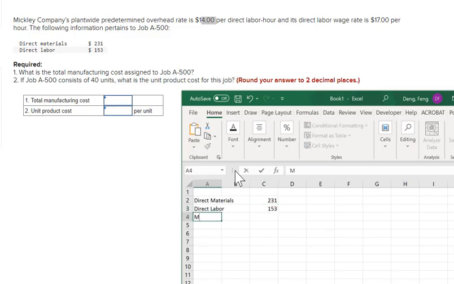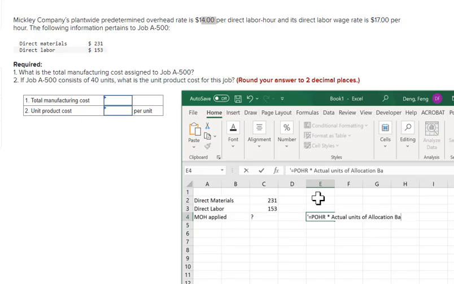However, what is the manufacturing overhead cost applied? In order to know how much is applied, I'll put a question mark here. That needs to equal the predetermined overhead rate multiplied by the actual units of allocation base.